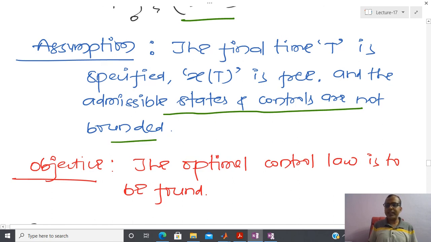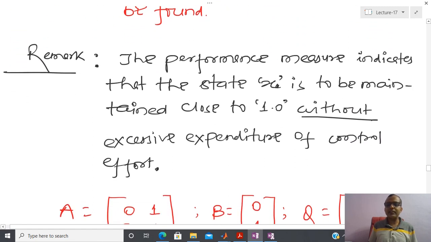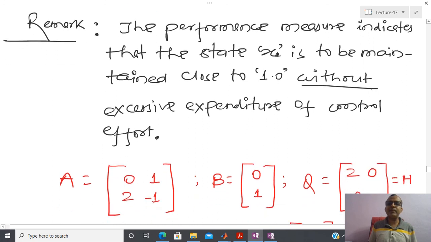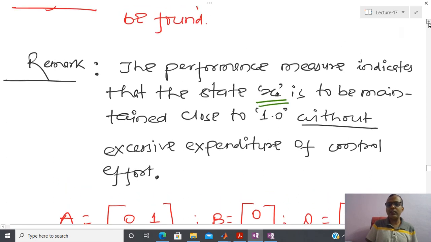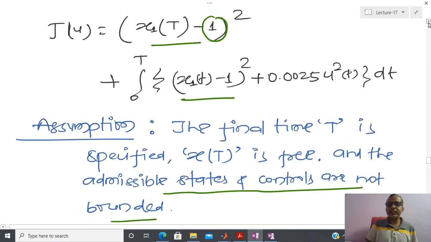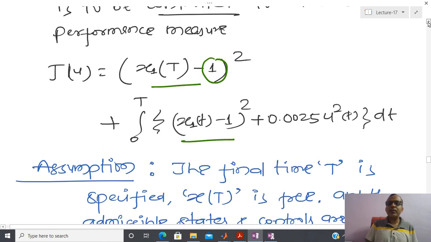Now, what is our objective in this problem? I have to find the optimal control law, and I have already told you that by seeing the performance measure, I am able to understand where I have to maintain my final trajectory. In this particular performance measure, you can see that I have some specification about x1, but there is no specification about x2.